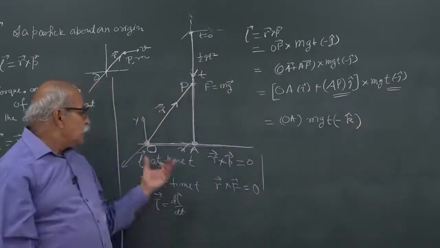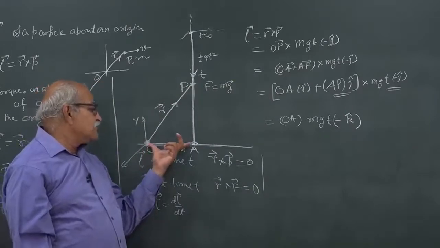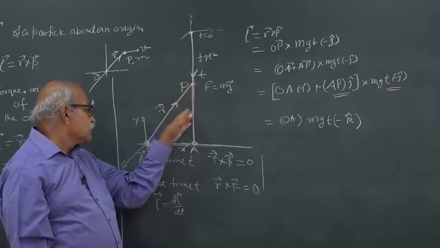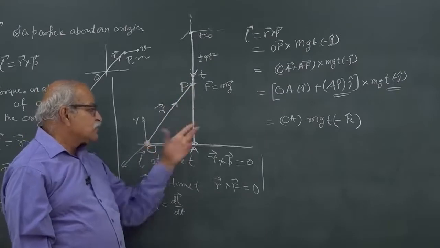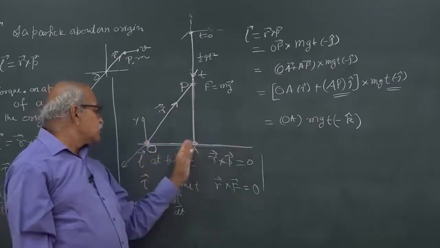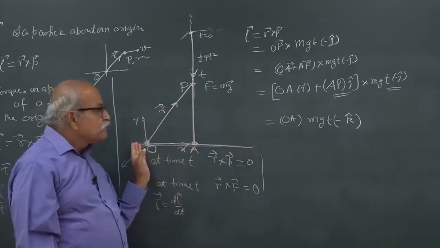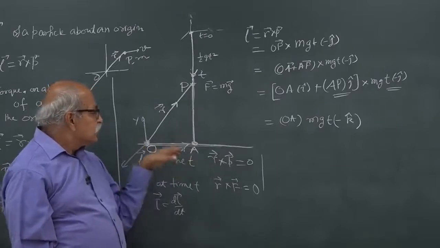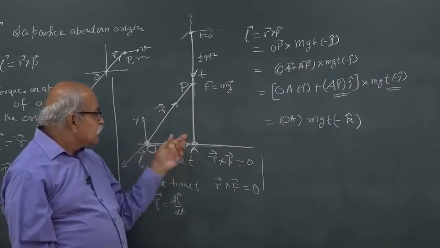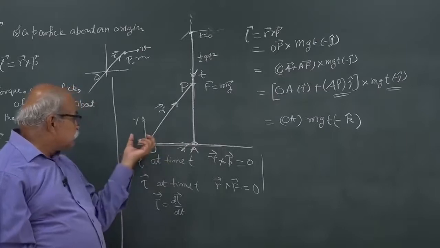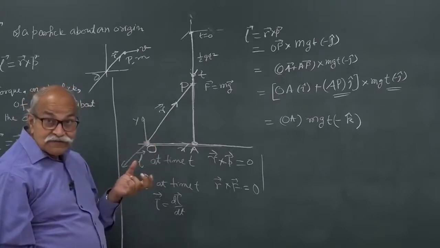All right, OA is fixed. The particle falls like this. So, all the time OA is fixed. So, L has a magnitude that depends on where you have chosen the origin, and then mgt in the minus k cap direction, and k cap, remember, is now perpendicular to the blackboard.